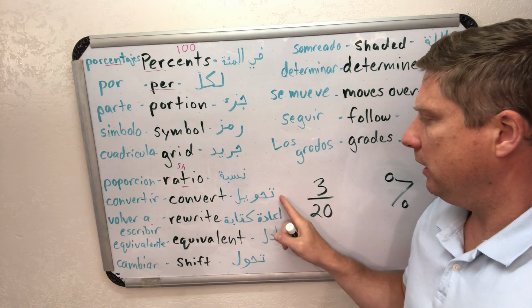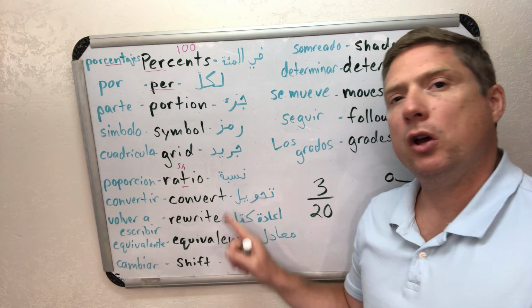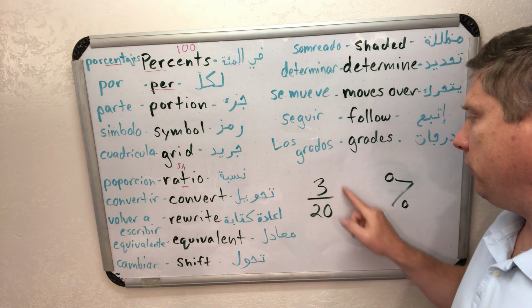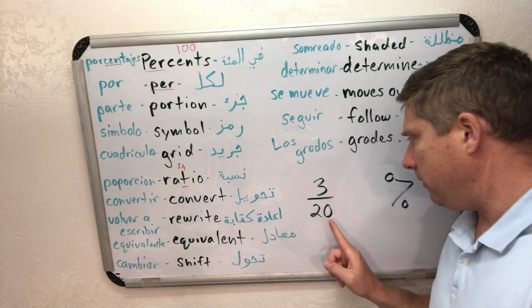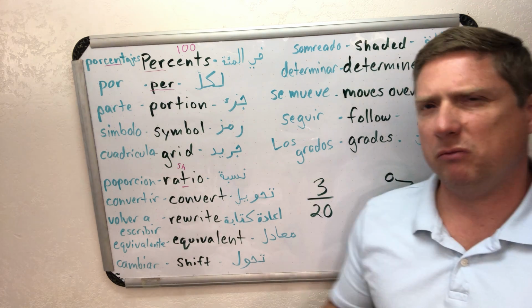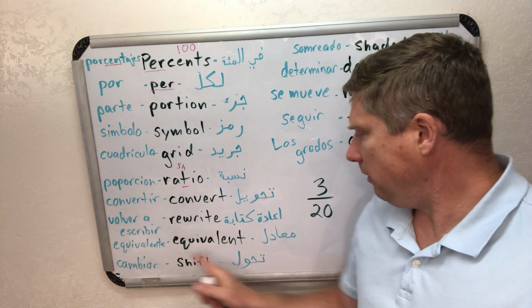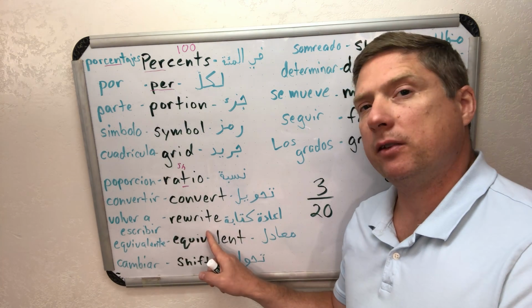Convertir, تحويل, convert. Today you will learn how to convert a fraction like this to a percent. So we'll convert the fraction to a percent. It's pretty easy. Volver, escribir. إعادة كتابة, rewrite.